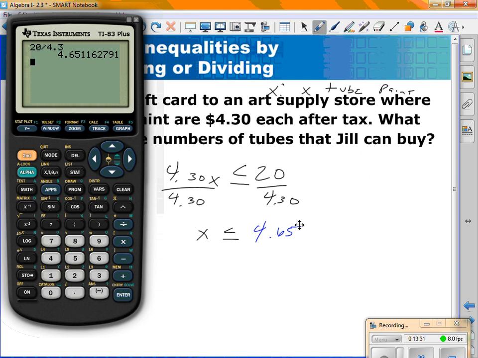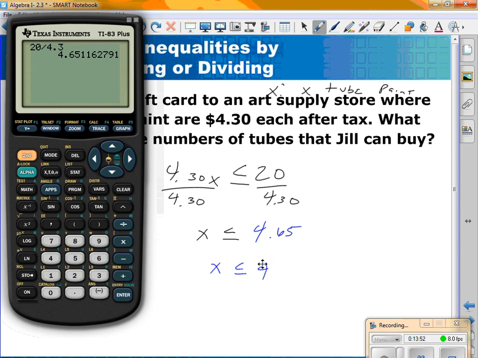Can you do that? No. Can you buy point something of anything? So what does this mean then? Round it down. So x has to be less than or equal to 4.